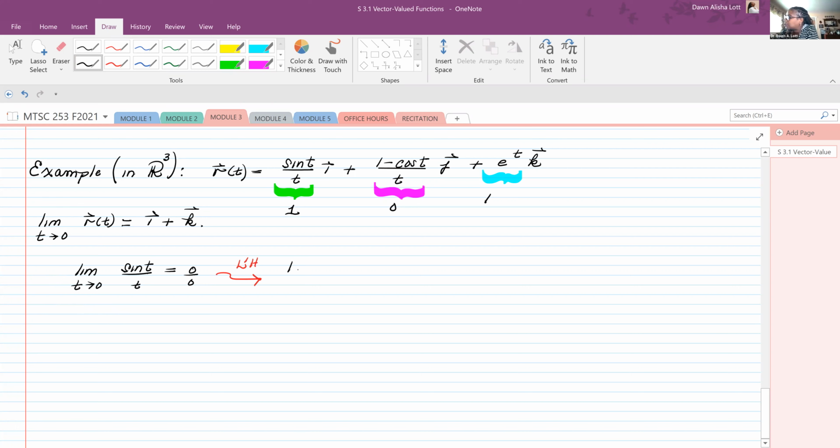So that's the limit as t approaches 0. The derivative of sine is cosine of t, and the derivative of t is just 1. So that's now the cosine of 0 over 1, and that's 1. And I did the same thing with the cosine one too. Okay, all right.